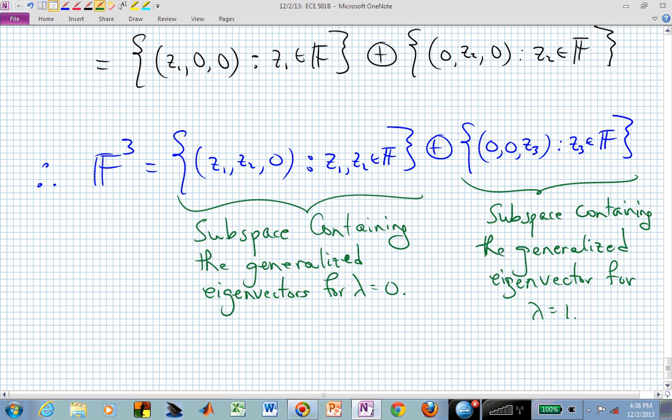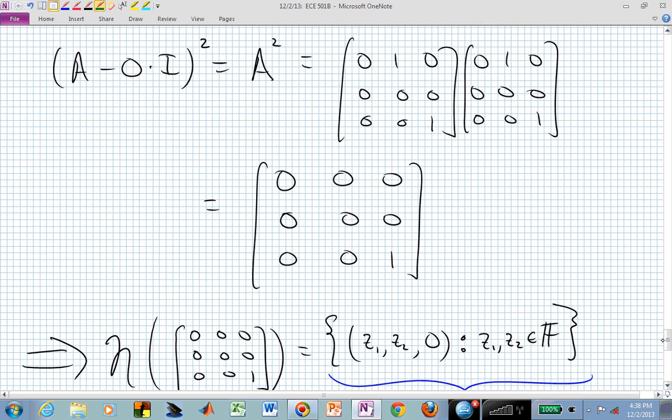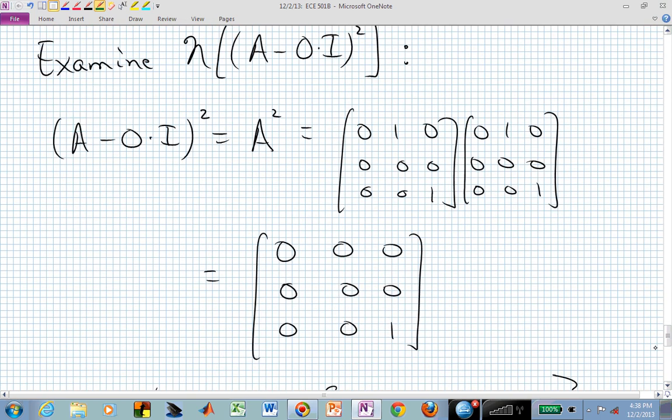Questions on that? Now, just before we move on, what would happen if I hit this A squared, which is really A minus 0I squared, with A minus 0I again, on the left or the right?